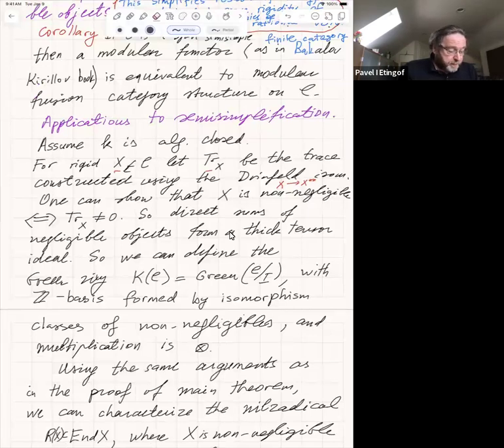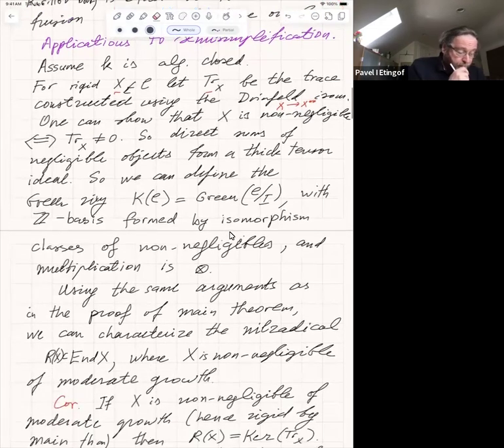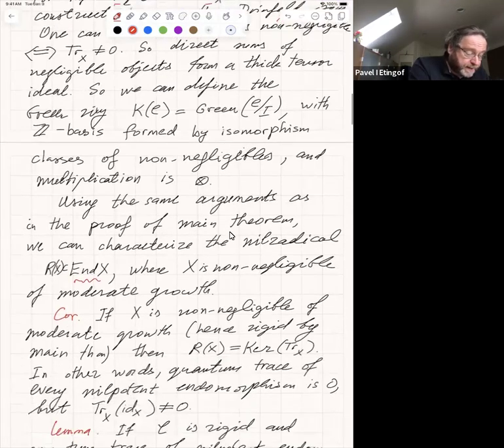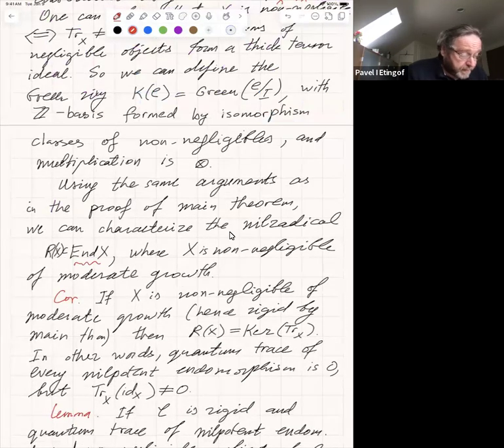And using the same arguments as in the proof of the main theorem, one can show that the nil radical of the endomorphism algebra of X, which is a finite dimensional local algebra, can be characterized, so it's a corollary.